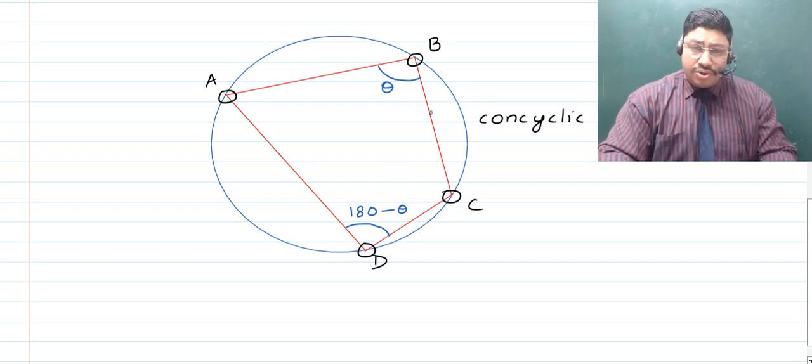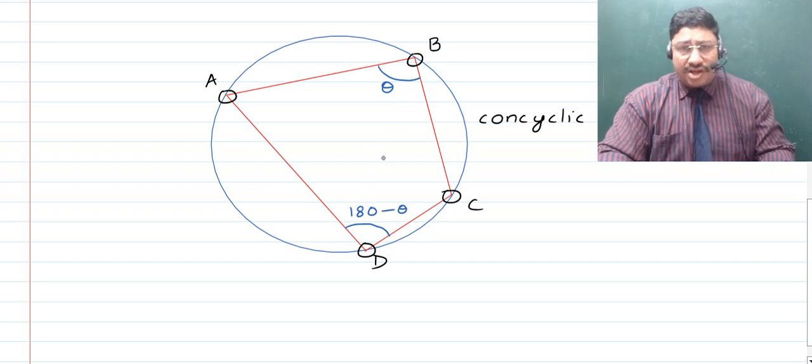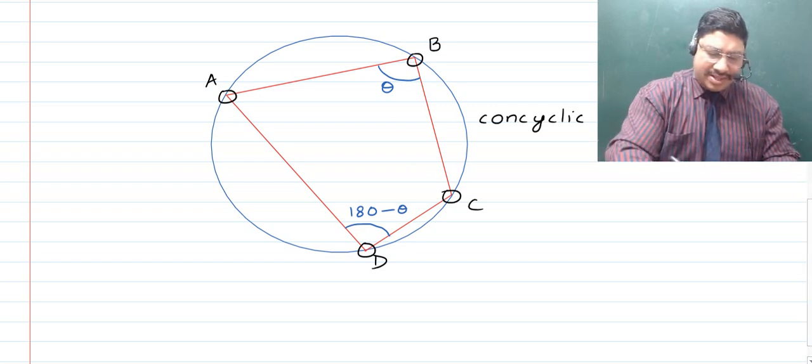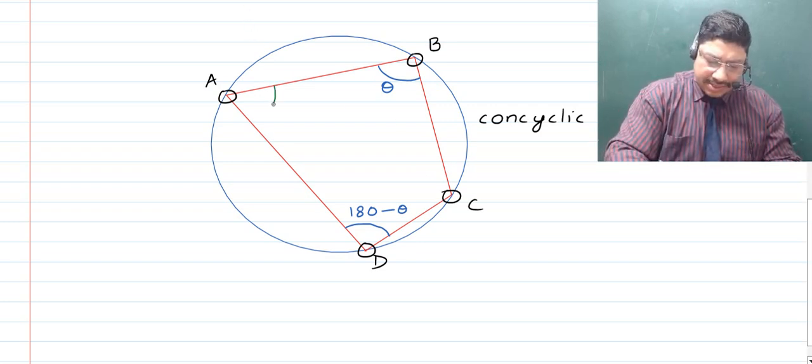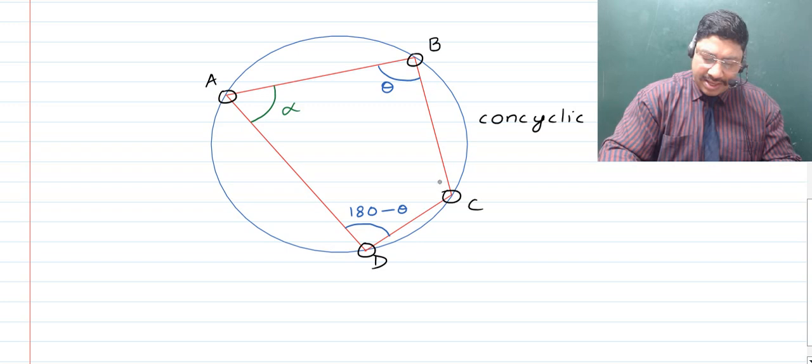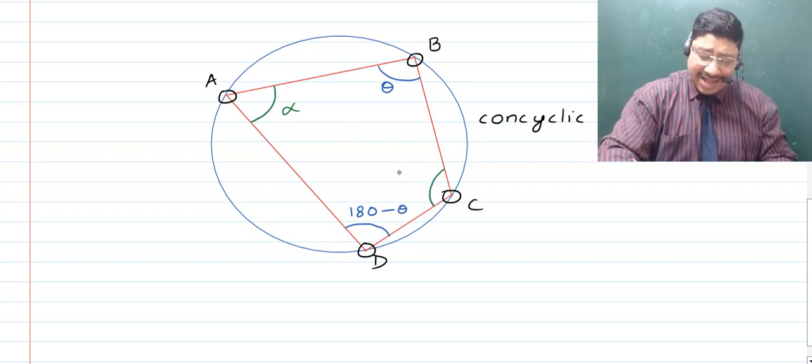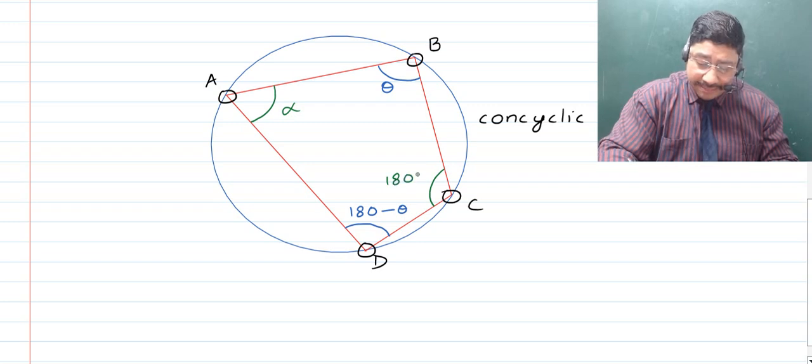So the theorem goes, angles which are opposite to each other in a cyclic quadrilateral are supplementary, right? Similarly, if you talk about this angle to be, say, alpha, then obviously this angle is going to be such that the sum of both of these is supplementary. As such, this will be 180 minus theta.